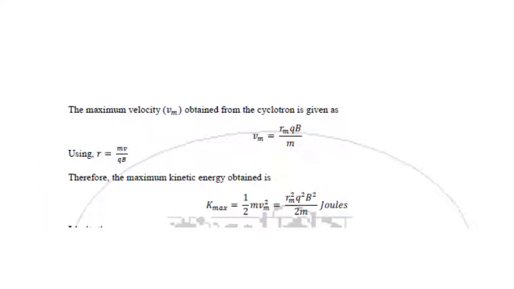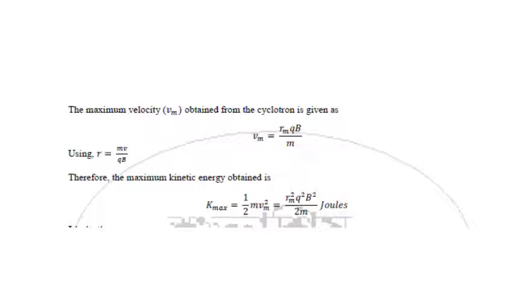The maximum velocity obtained from the cyclotron can be written as Vm is equal to QB upon M. We did this using R is equal to mv upon qb. And if you know the maximum velocity, we can calculate the maximum kinetic energy also, half mv square.